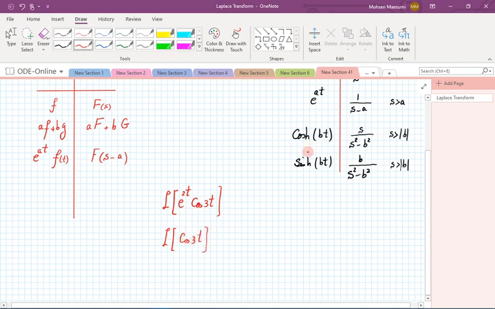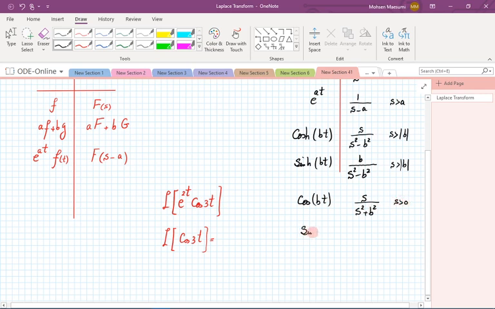For that we had the formula last time. I still have to prove it for you, but let me include it here as a reference. So the Laplace transform of cosine of bt is s over s squared plus b squared, the restriction being s larger than 0.